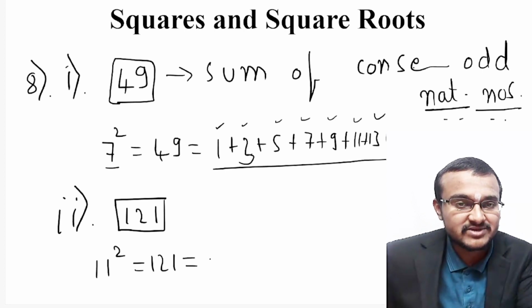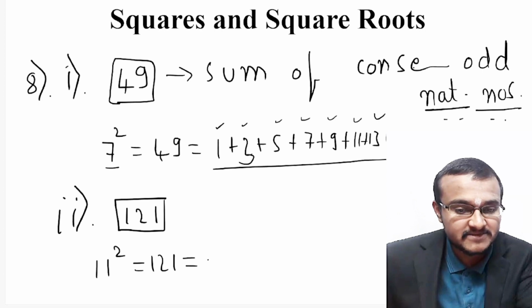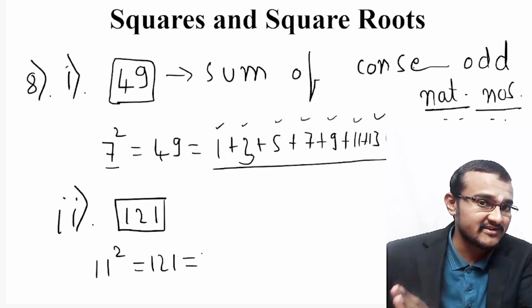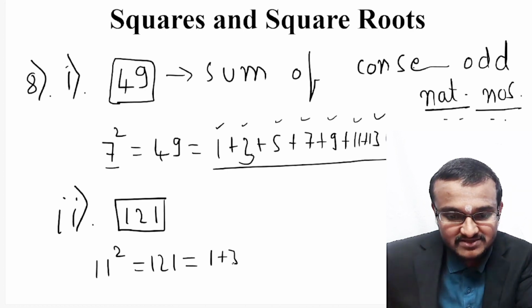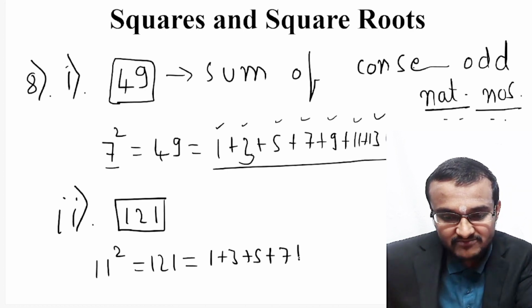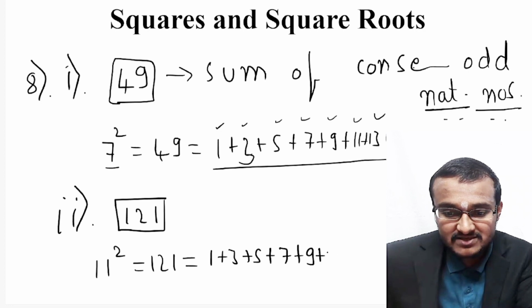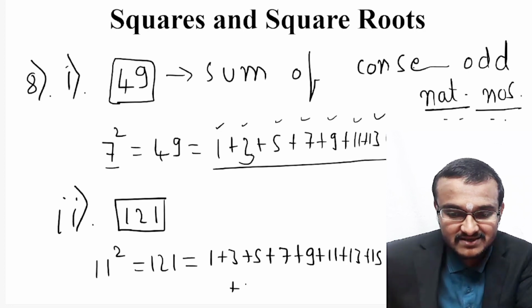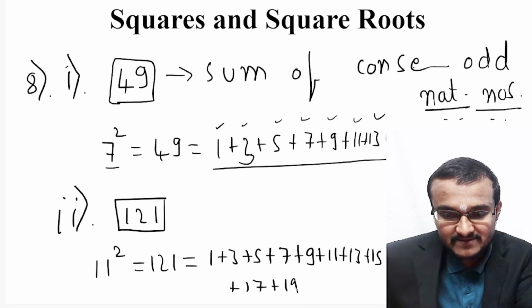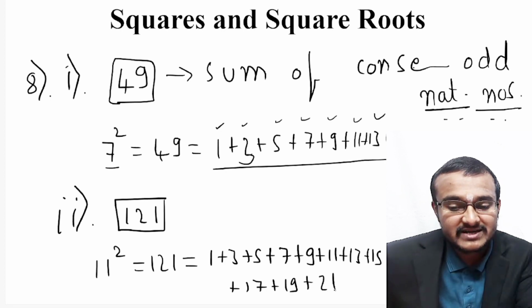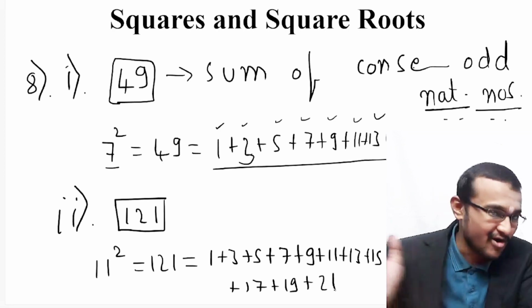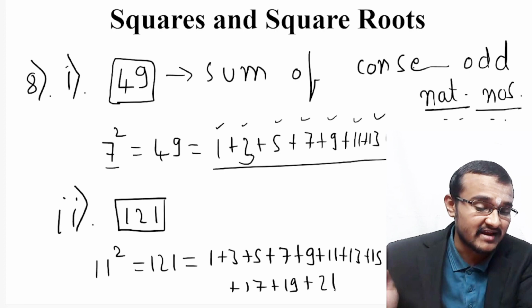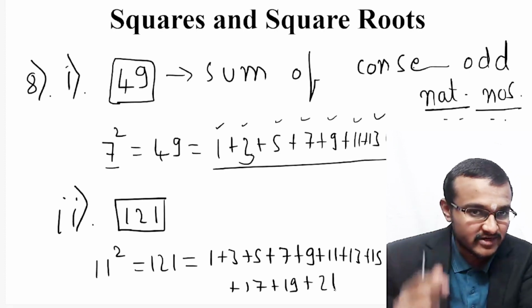And this you can express as the sum of odd natural numbers starting from 1 till the 11th odd number: 1 plus 3 plus 5 plus 7 plus 9 plus 11 plus 13 plus 15 plus 17 plus 19 plus 21. So the sum of 11 odd natural numbers starting from 1 will give you 121.